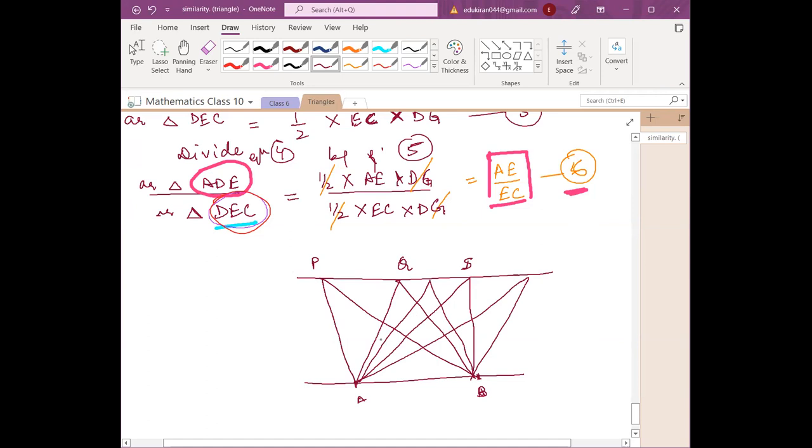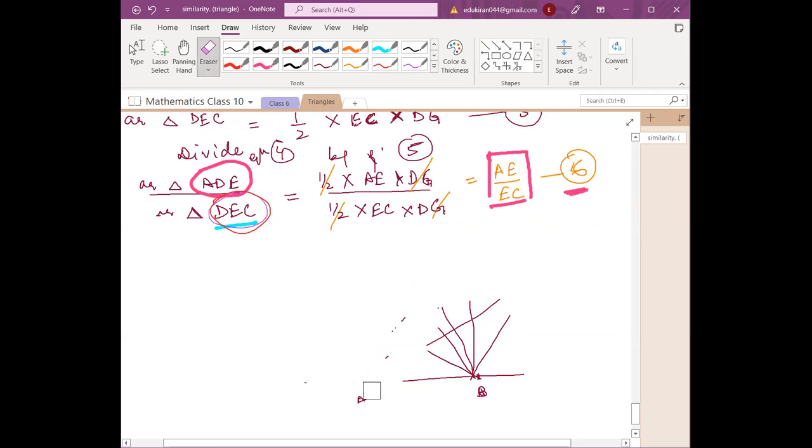That is the theorem: if triangles lie between two parallel lines and have the same base, all those triangles will have the same area. That's already proved, so we will use this theorem here. You will just write down the statement of the theorem.